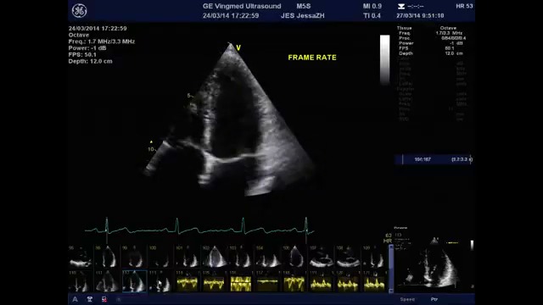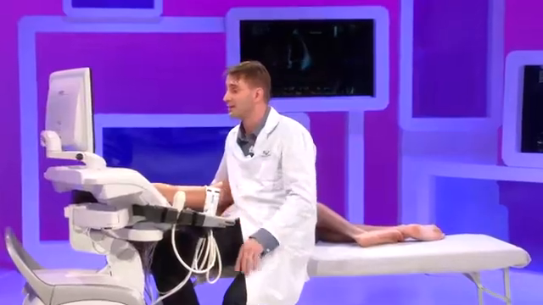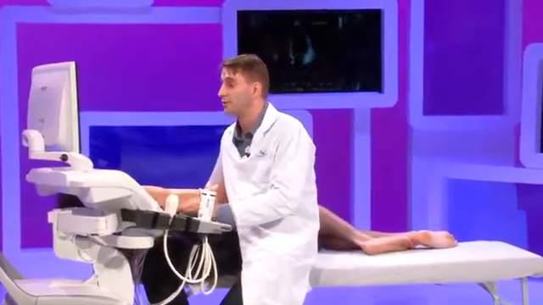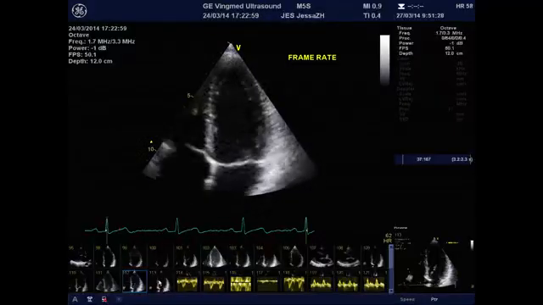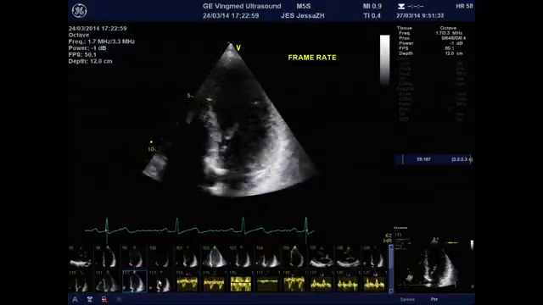I come back to frame rate. The echo image is always a trade-off between the number of lines, and so the lateral resolution you have, and the number of frames per second. The more frames per second, the higher your temporal resolution, the lower your lateral resolution will be. So it's a trade-off.